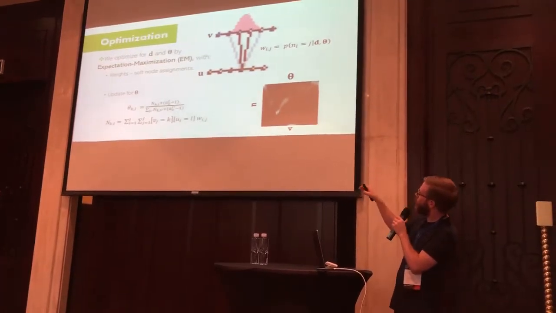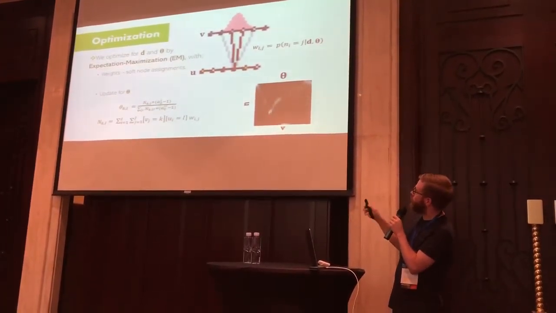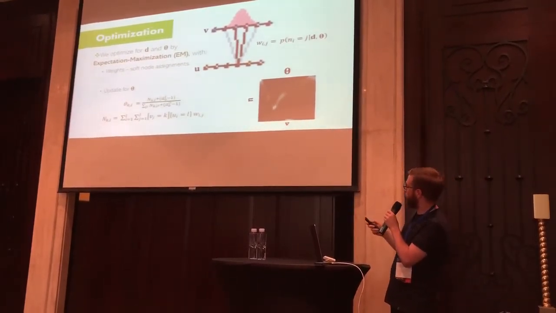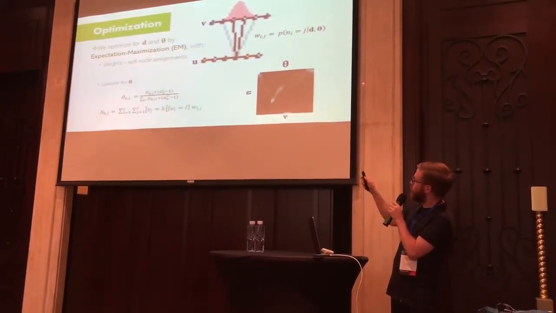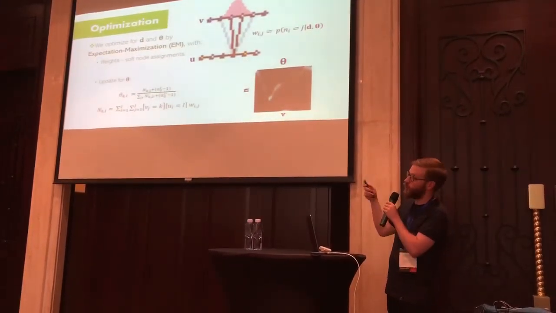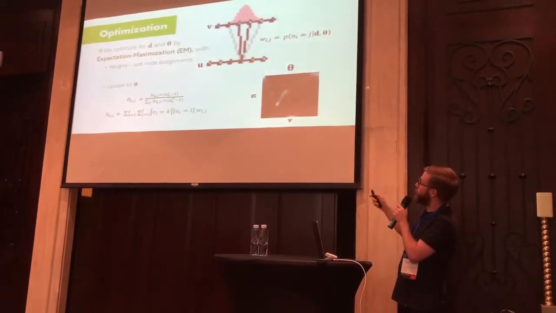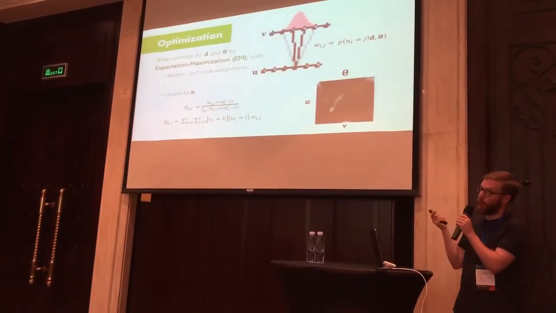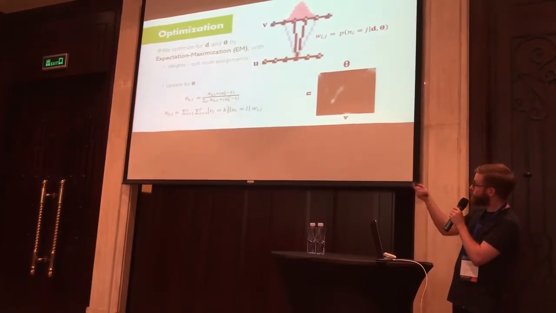I show an example of theta with 32 bins. So you have 32 bins in U and 32 bins in V, and this looks like a joint histogram in mutual information. The only difference is that it's normalized. Each column is normalized to form a probability distribution.